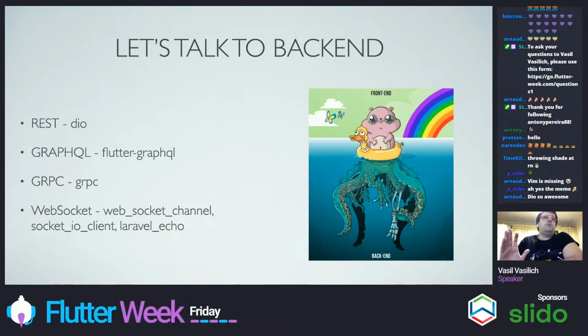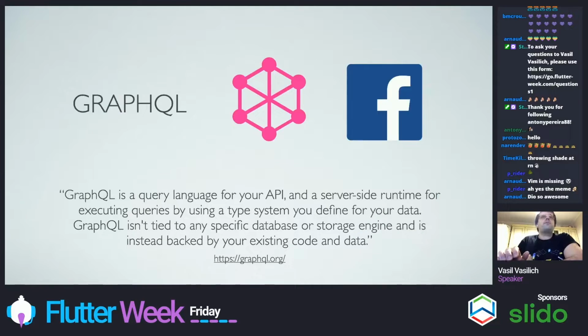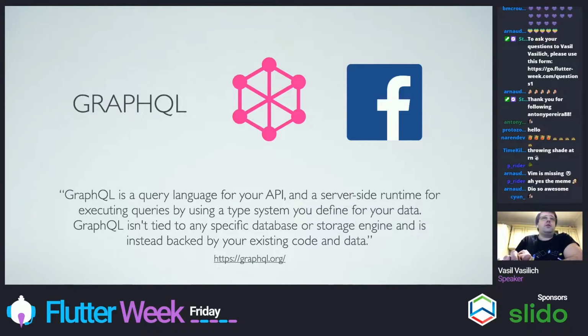Today, I will stop at GraphQL because it's a very promising, young, and good case to talk to the backend. GraphQL was open sourced by Facebook, and it is a query language for the API, and also a server-side runtime for executing queries by using the type system that you define for your data.